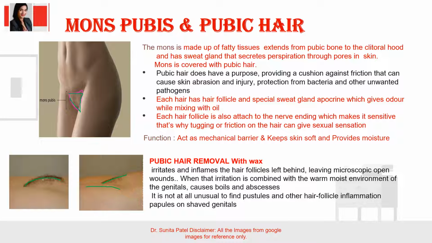If they do activities which directly touch the mons pubis, like horse riding, bicycle riding, or any riding with direct touch on the seat, the direct touch can irritate the structures and give some pain to the female. And a female who has enough fat, her structures will be more protected.